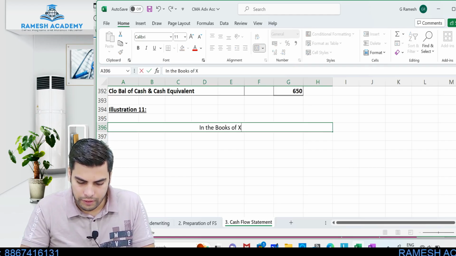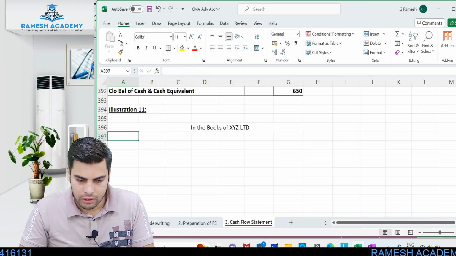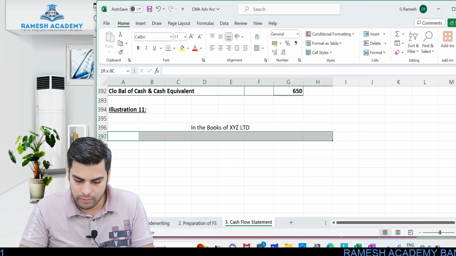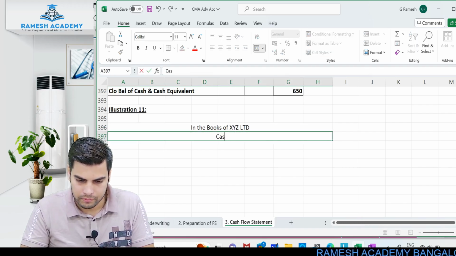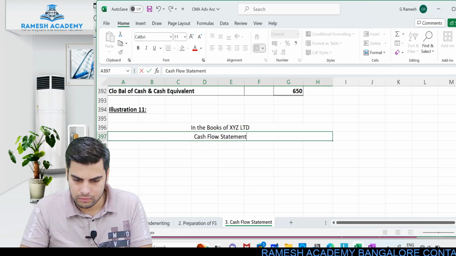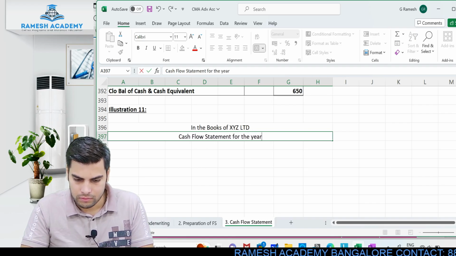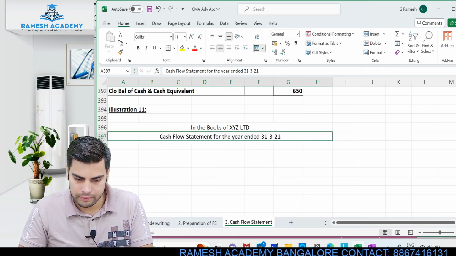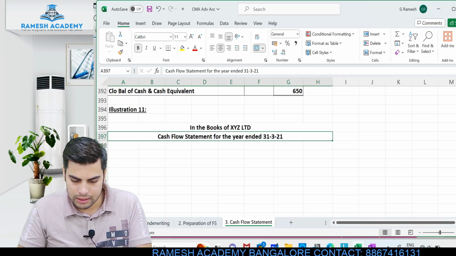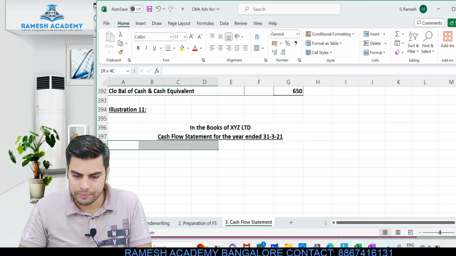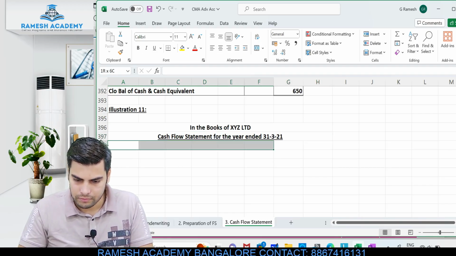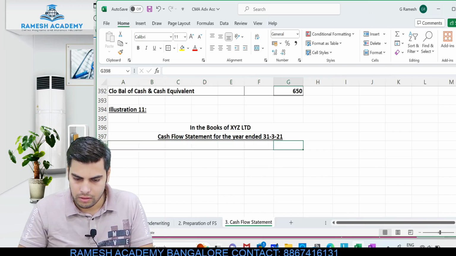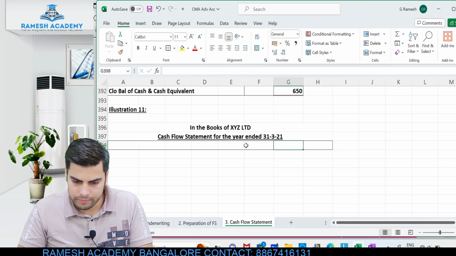In the books of XYZ Limited, we'll be preparing the cash flow statement for the year ended 31st March 2021. All right, so this is what they're asking us to prepare. Let's just prepare this. Particulars, amount and amount.